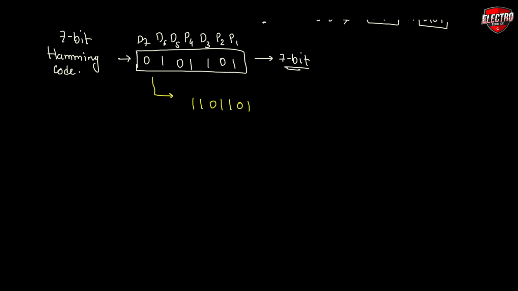That means if you observe both the transmitted message and received message, one bit is changed from 0 to 1, and that bit is the D7 bit. So if the computer wants to identify or detect an error bit, it will use parity bits to detect the error bit.